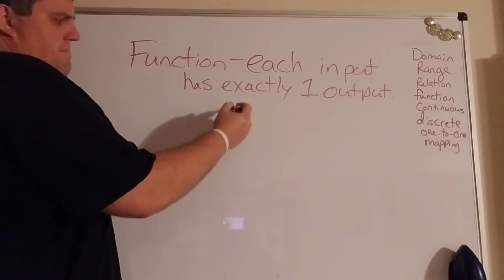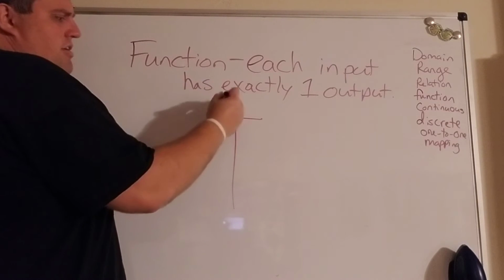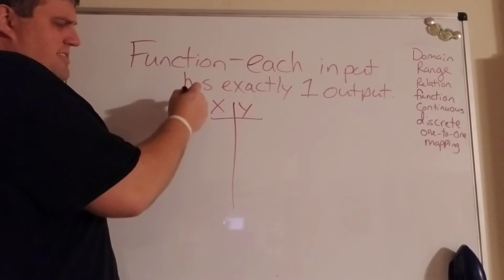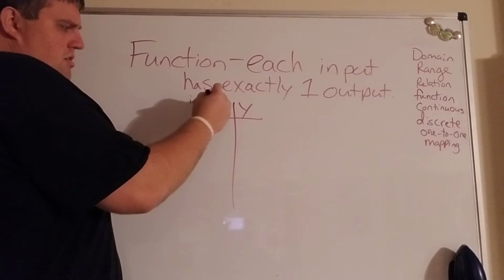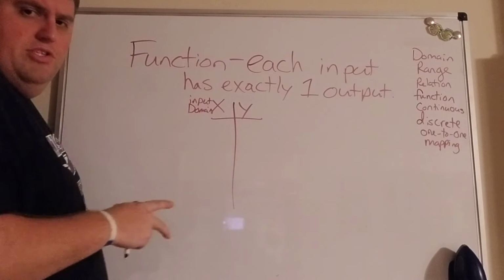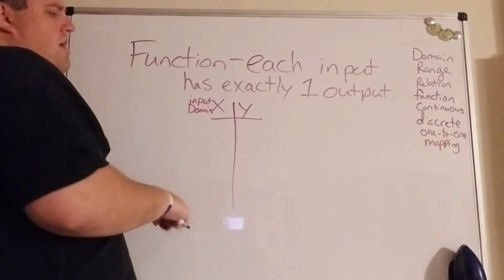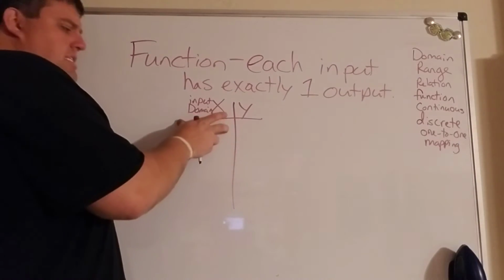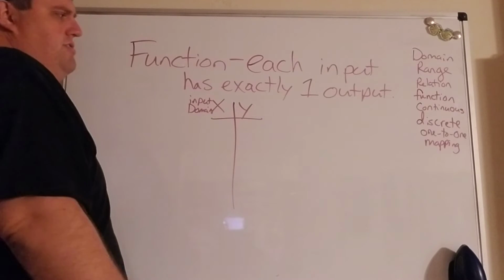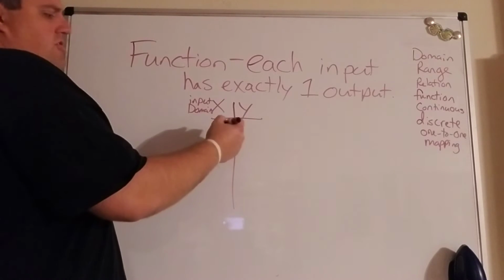If I look at a table of values, when I'm talking about inputs, inputs are always x's or the domain. Those are all words that you're going to hear for x values. When I'm talking about a function, I specifically care about x values. I don't actually care about y values at all if I'm just talking about if something's a function.